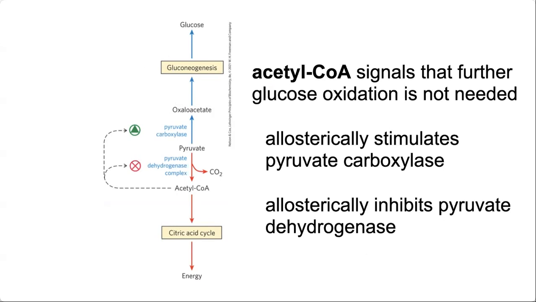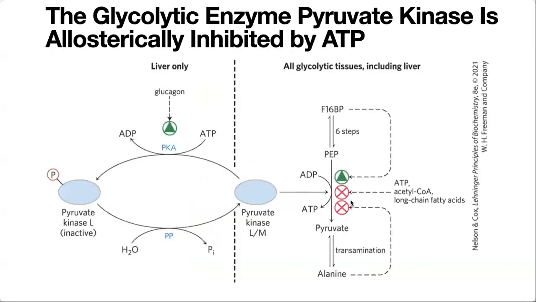Now, the way you're going to get ATP is by taking it through the citric acid cycle and then to oxidative phosphorylation. And if you have a lot of ATP building up that way, maybe it's time to go a different way. And so the ATP is going to negatively regulate this pyruvate kinase.